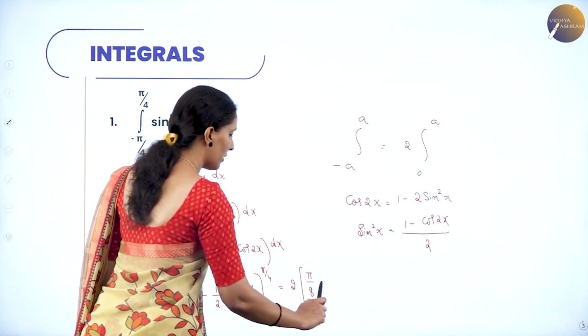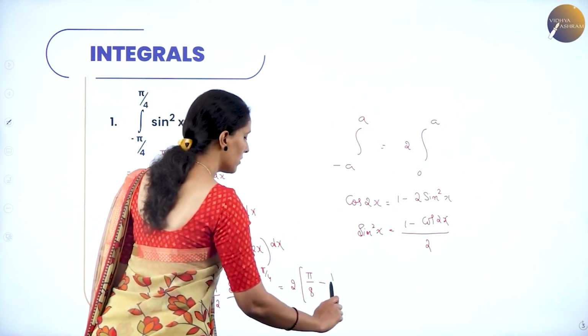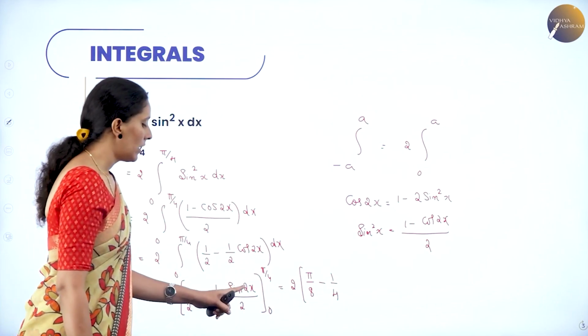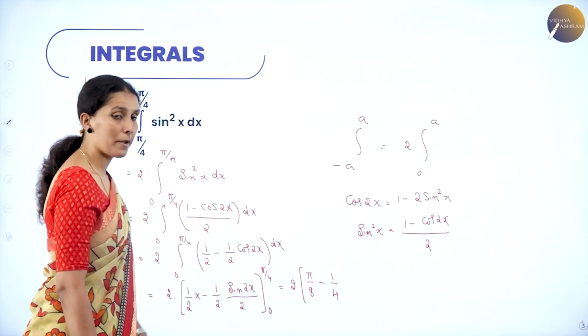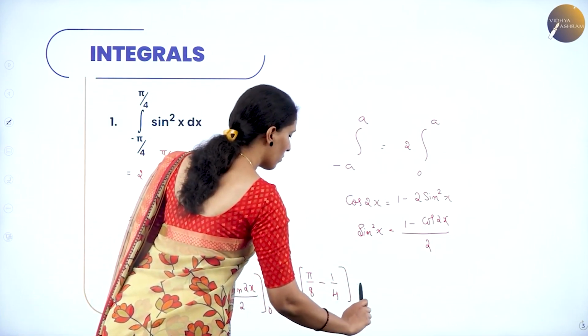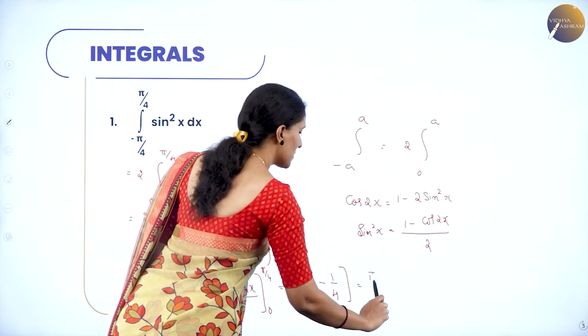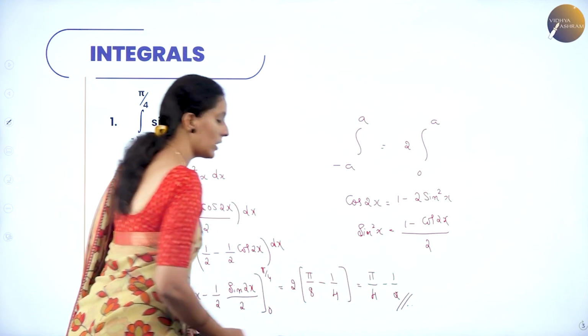So it becomes minus half into half, which is 1 by 4. When you put pi by 4 here, it becomes pi by 2. So what is sin pi by 2? It is 1. So this is pi by 8 minus 1 by 4, and multiplied by 2 it becomes pi by 4 minus 1 by 2. So this is the value of the given integral.